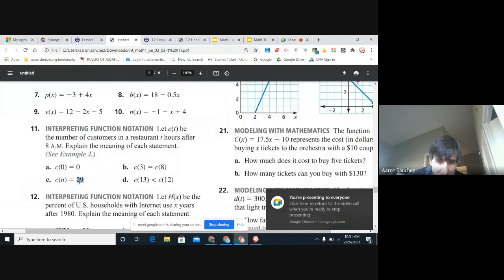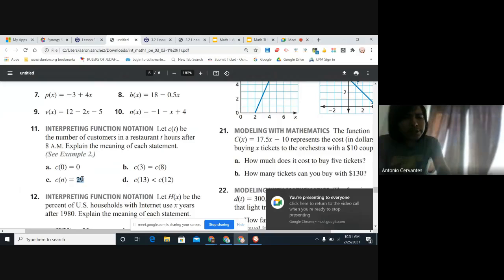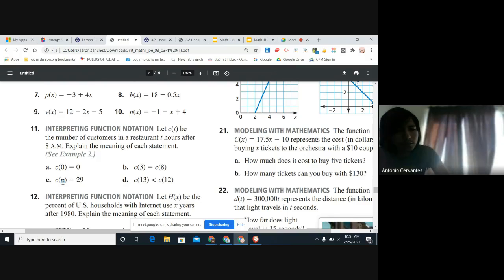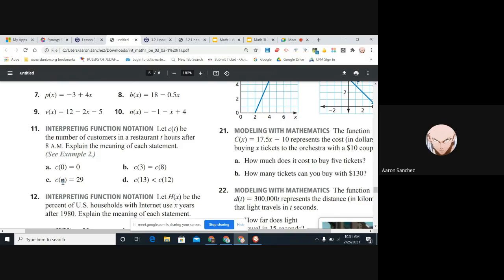It means 29 customers, yes. And what does the n mean? This is where it gets kind of weird. It means we don't know the hour, but there was some hour when they had 29 customers. That's all that's saying. Very good.